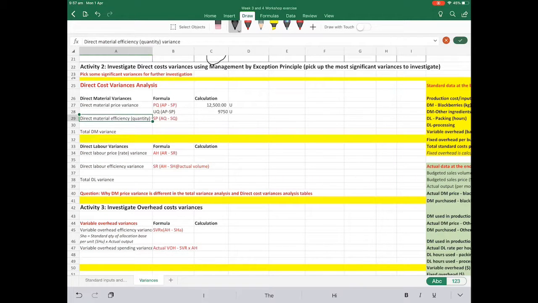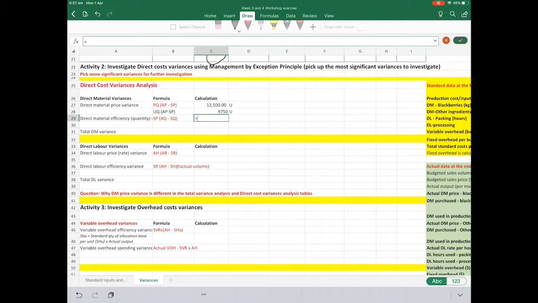Now we come to the direct material quantity variance. The formula is the standard price times the actual quantity minus the standard quantity. Before I go into this, I want to tell you this standard quantity is the standard quantity allowed for the actual output. So I put a little a there so that you will never forget that it is for the actual output.